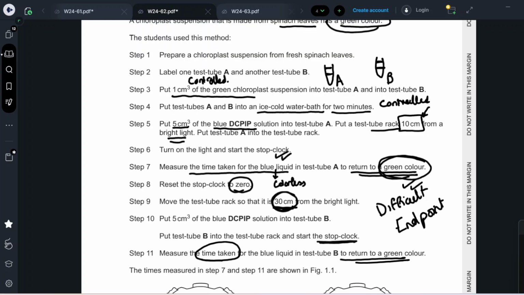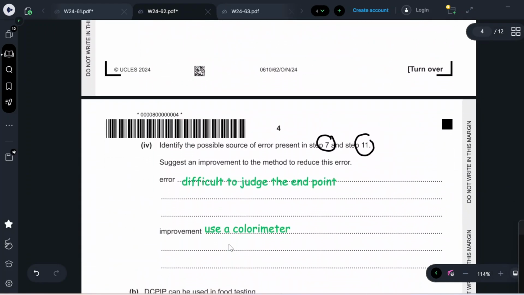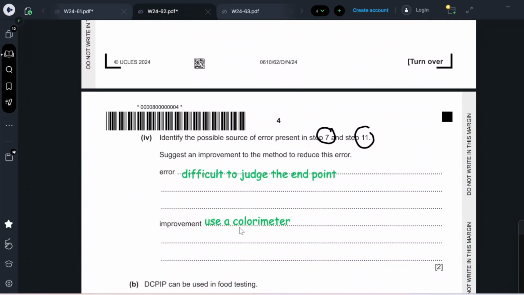My eyes cannot determine in which second exactly did this happen. So the error will be difficult to judge the end point. What is the improvement? I should use a colorimeter, which gives me a number. When the second it's colored, it will give me a number. It's a better way.